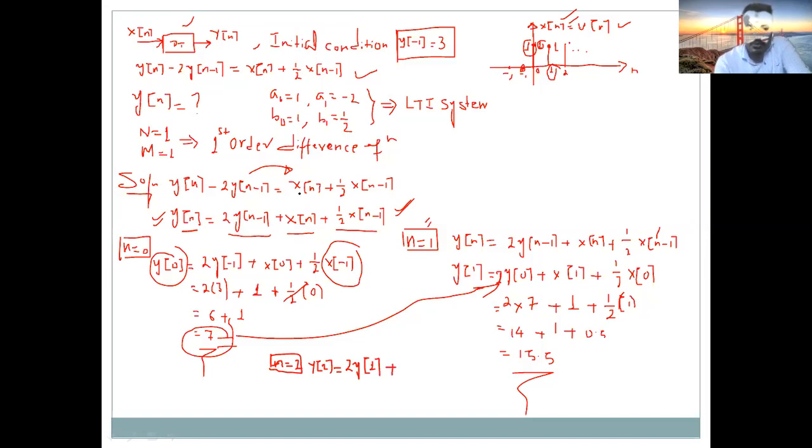Plus, output also depends on input, present input and past inputs. So when n is 2, x of n becomes x of 2, plus half x of n minus 1. So when n is 2, 2 minus 1 will be x of 1.